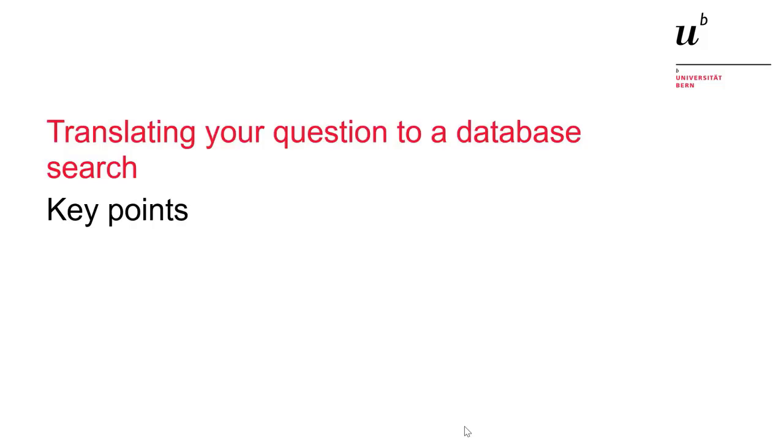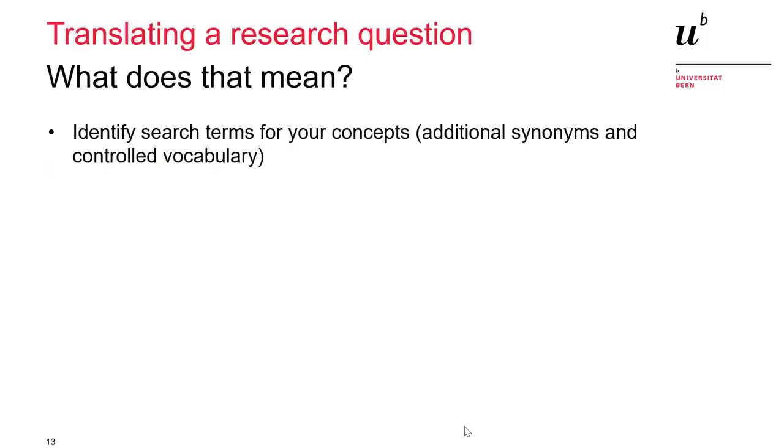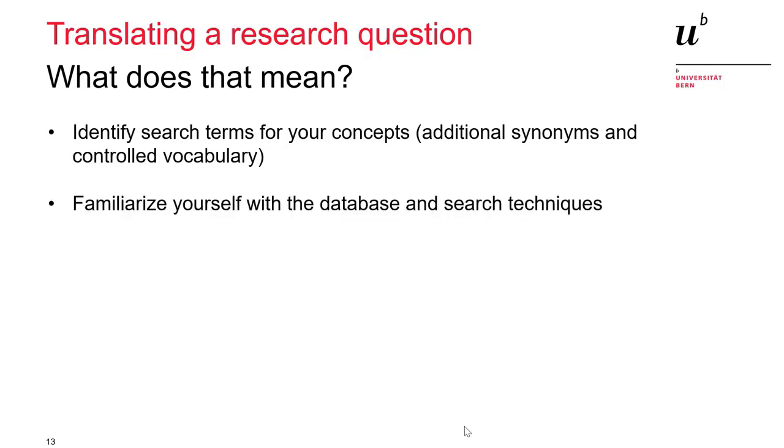Here are some key points when translating your concepts into a search. You need to identify the search terms for your concepts using additional synonyms and controlled vocabulary. This means using a mixture of MeSH terms and keywords as talked about in the previous video. Familiarize yourself with the database you're using and the search techniques available there.